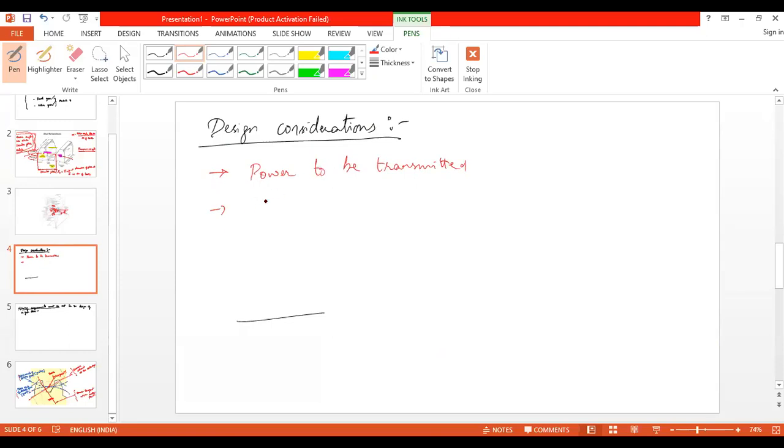Number two, the speed of the pinion, that is the driver, and the speed of the gear, and the center distance.